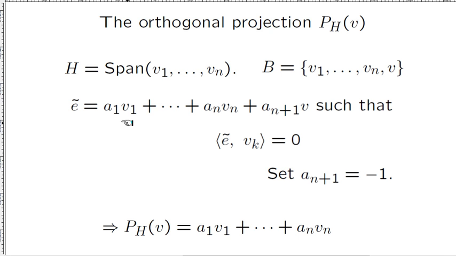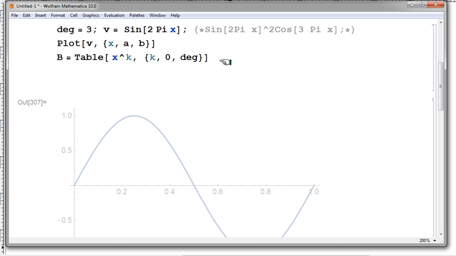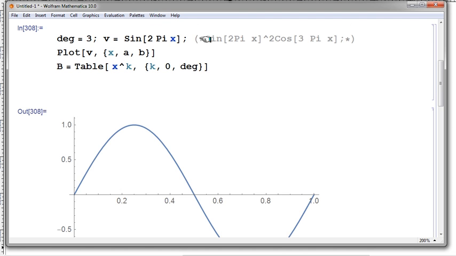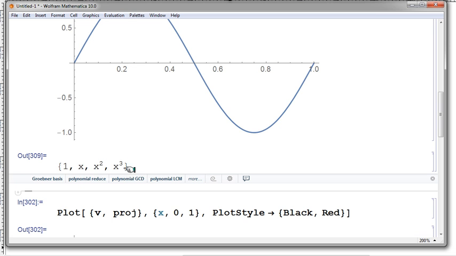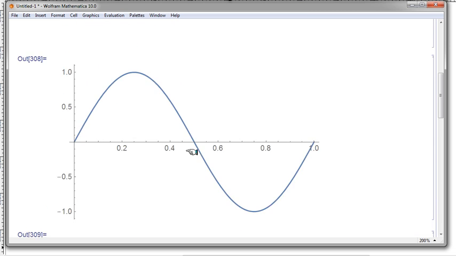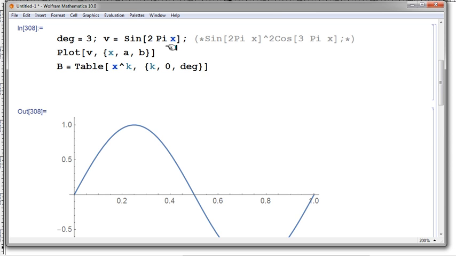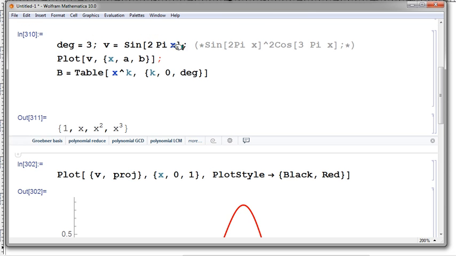So here I'm creating a table of these elements, x to the 0 going all the way up to x to the 3rd. Let me suppress the plot command. So we have these 4 elements generated.